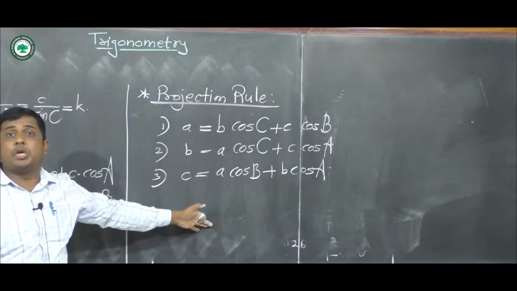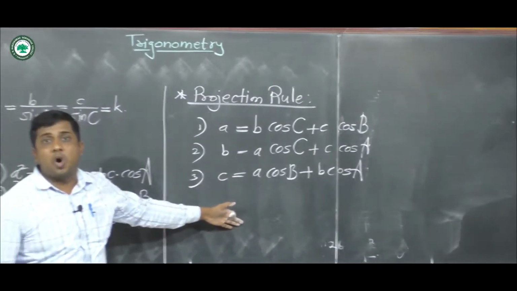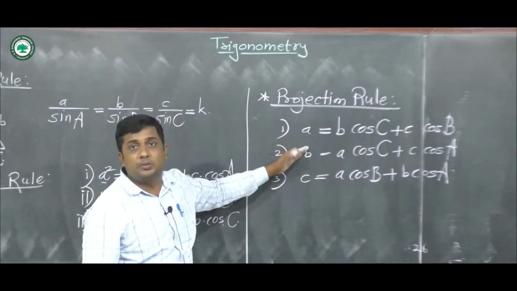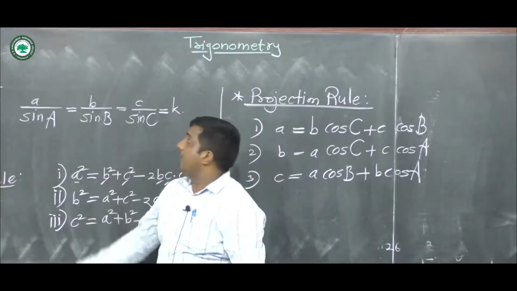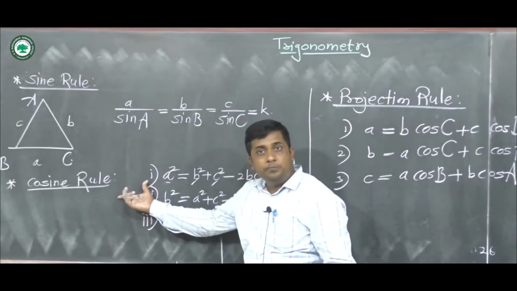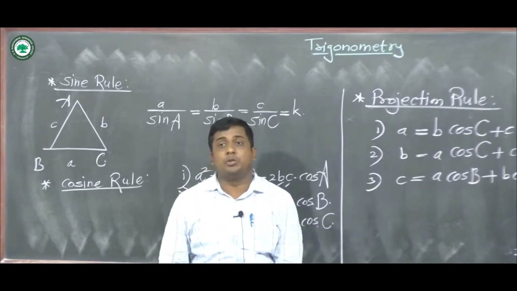Here for the projection rule we consider the relation of angles and sides of the triangle like this. So here we define sine rule, we see cosine rule, we also see the projection rule.